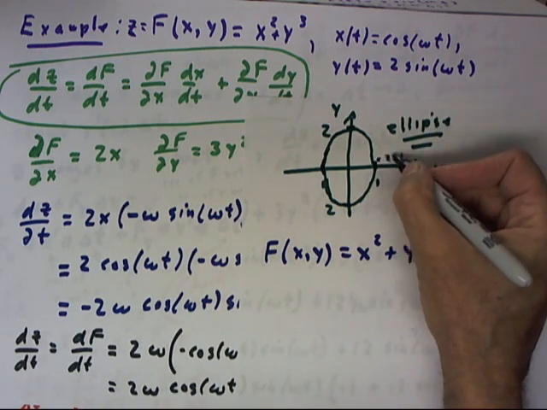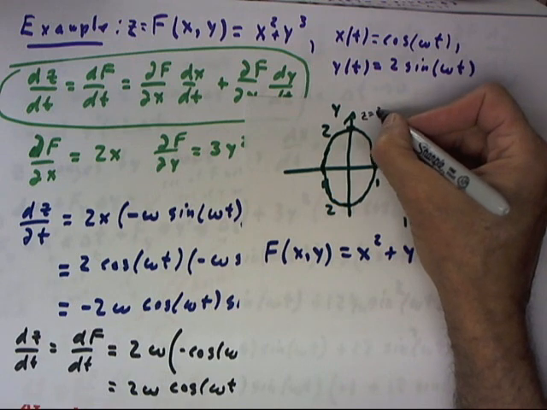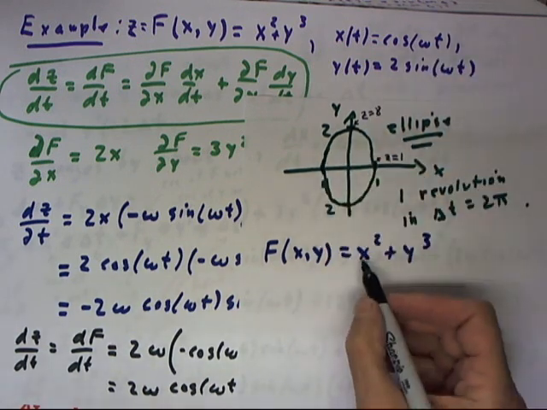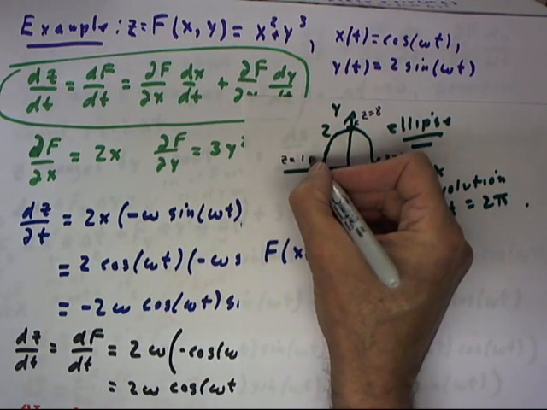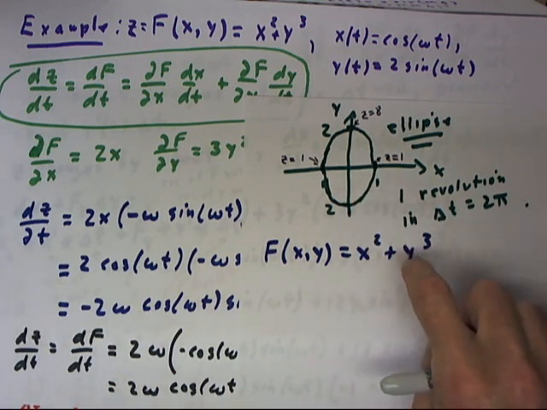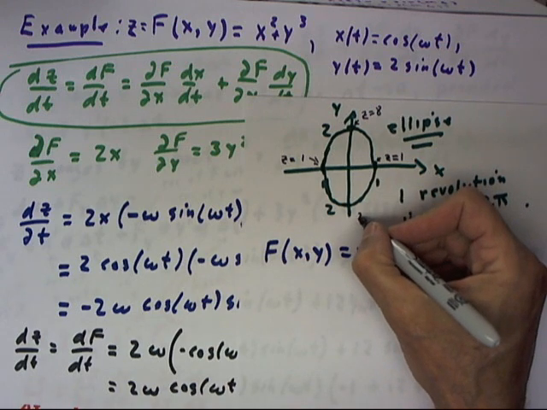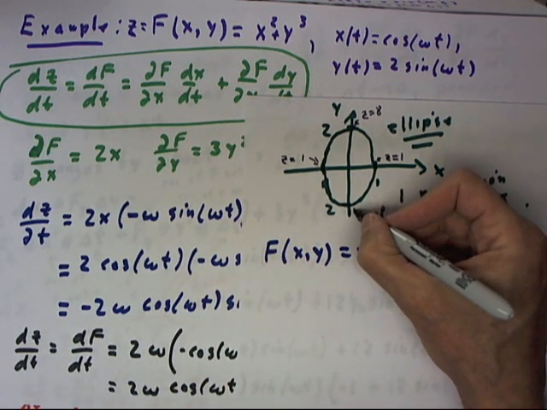Up here, z equals 8. And down here, since x is being squared, of course, z is back down to 1. And down here, y is negative 2, so z is going to be negative 2 cubed, which is negative 8.